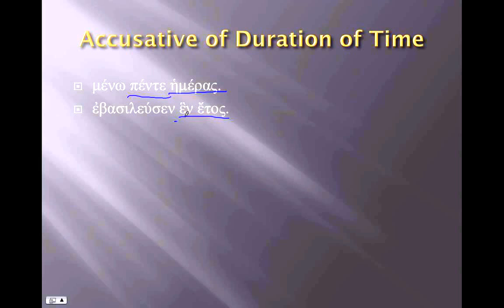Etos, remember, is neuter, so we're using hen. There's our number. There's our accusative time expression for 1 year. So accusative duration of time, for is usually the preposition that we're going to insert in English for X time, whatever it might be. So the accusative of duration of time.